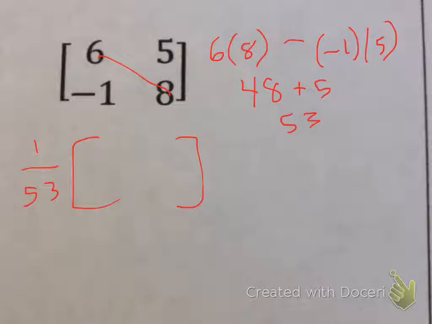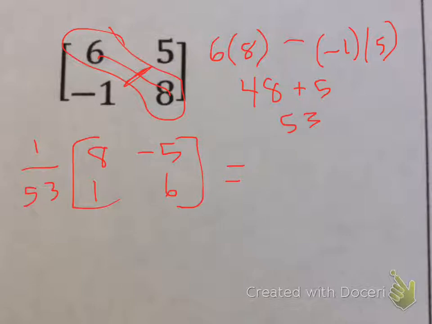And then I change my matrix around here to multiply by. So I'm going to put 8 up here and 6 down here, and then I change the signs on these. So if this is a -1, it becomes a positive 1. And that was a positive 5, so it becomes a -5. And then I just multiply through by that 1 over 53 out front.